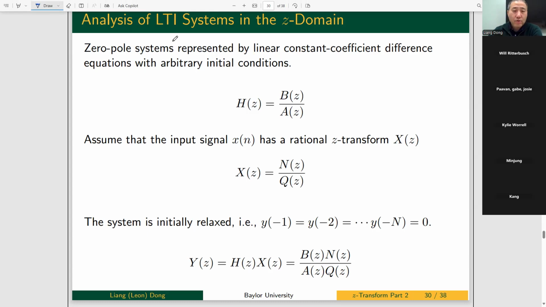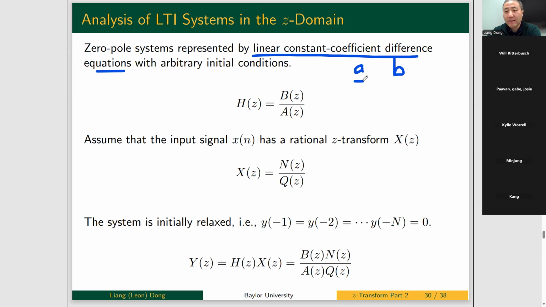If I have a zero-pole system represented by a linear constant coefficient difference equation with arbitrary initial conditions, we have coefficient A's and coefficient B's. These are the coefficients of my difference equation. The A's are the coefficients of my feedback loops.